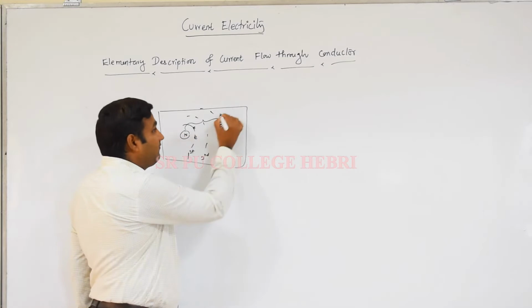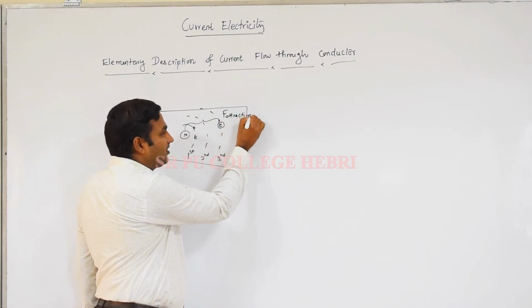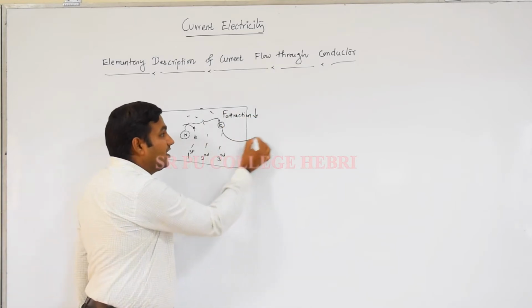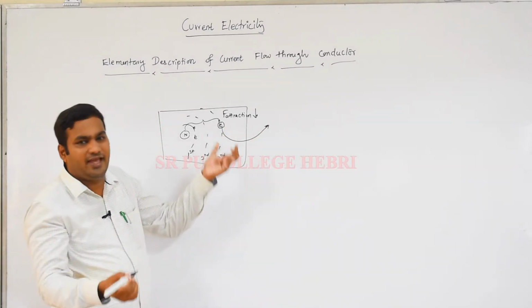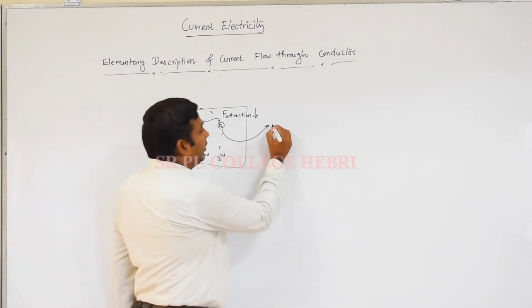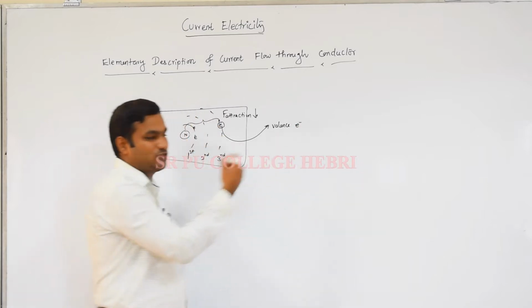So the force of attraction in between is less. Due to that reason, these electrons can easily be taken out, or are easily available for the conduction process. This electron we call a valence electron, which I explained in the last video.